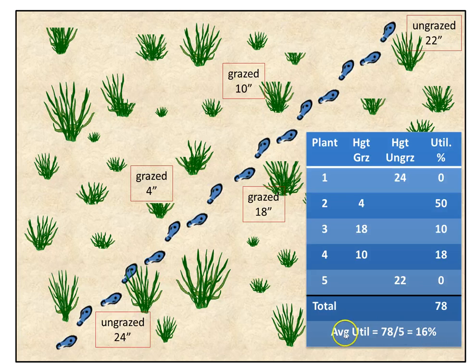The average utilization then would be the sum of these divided by the number of plants that were observed, or 16% utilization.